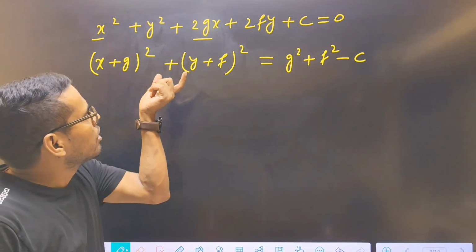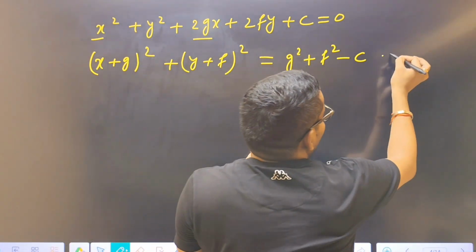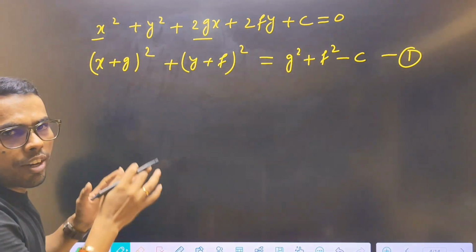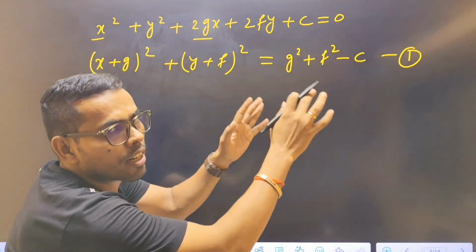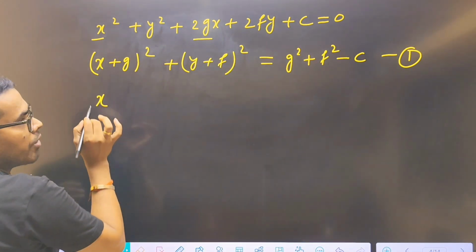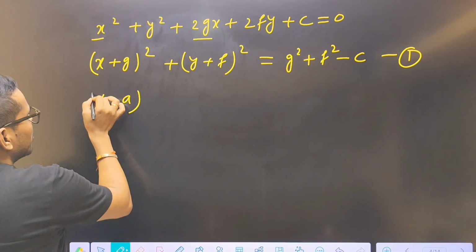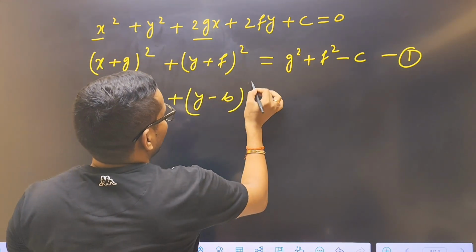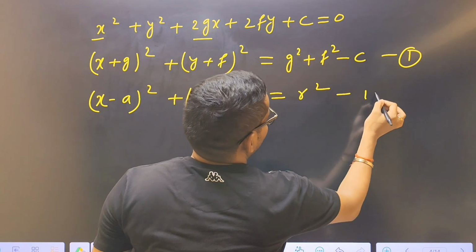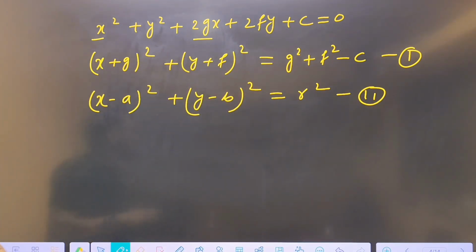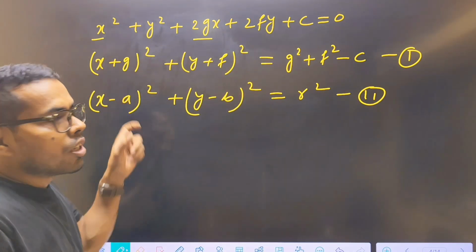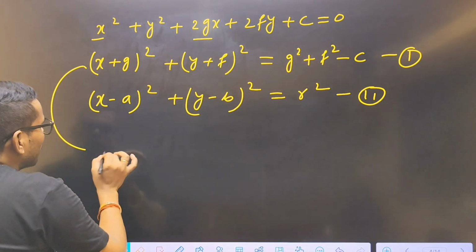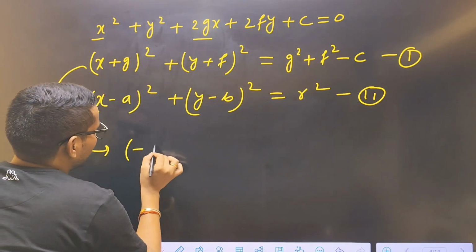Now you can compare: this is the general equation of a circle which I have written in the form of center radius form. What is center radius form? It is equal to r square, this one. So if you compare these two, you can simply write the center is how much?